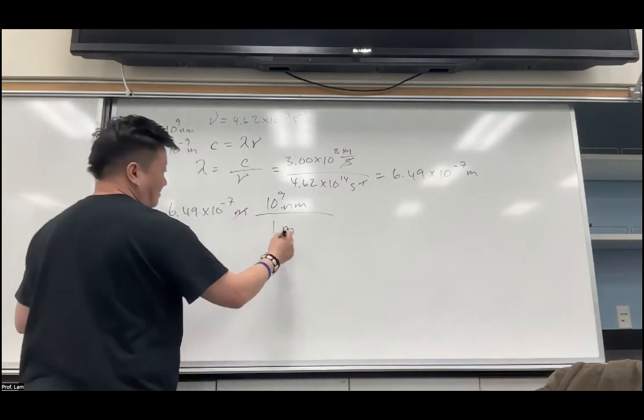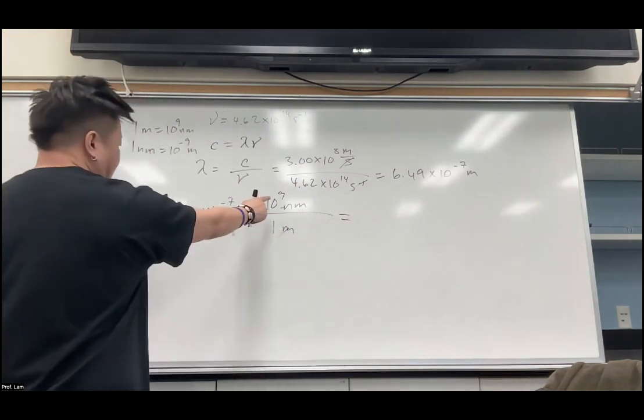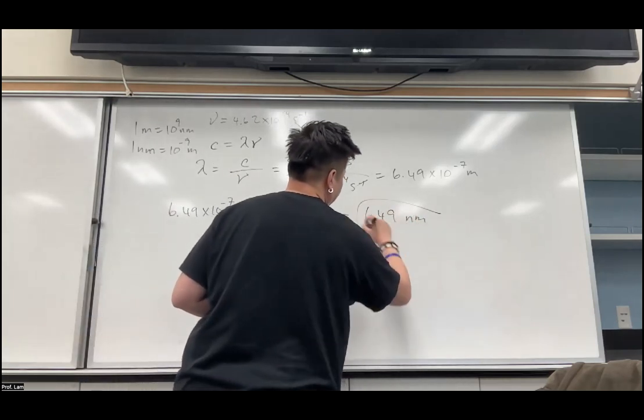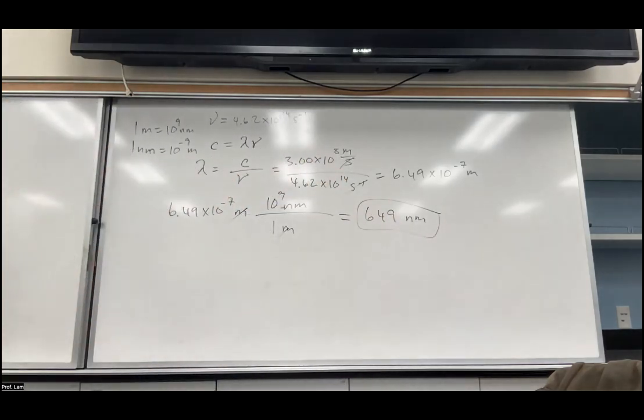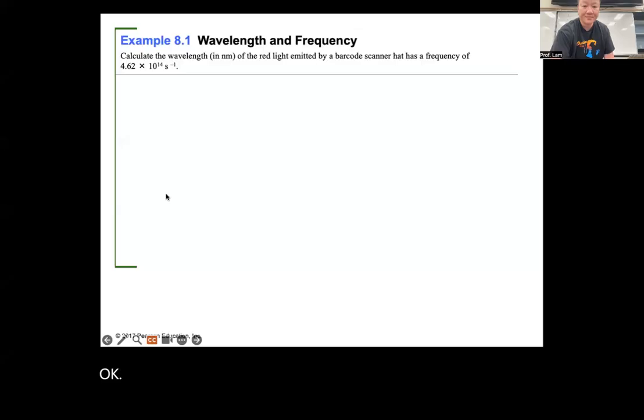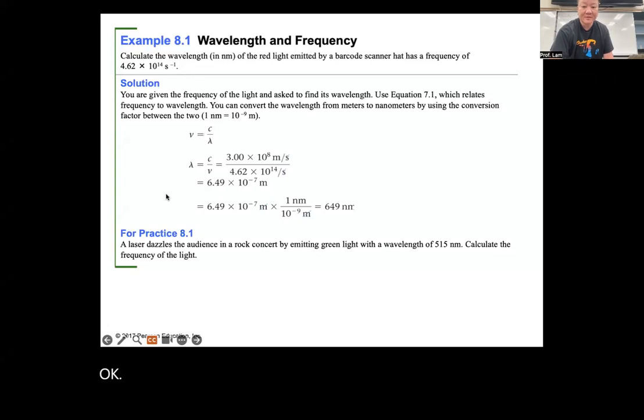That's how I like to remember it. And so this turns out to be 9 minus 7, which is 649 nanometers. Okay, good. All right, let's do this one too.